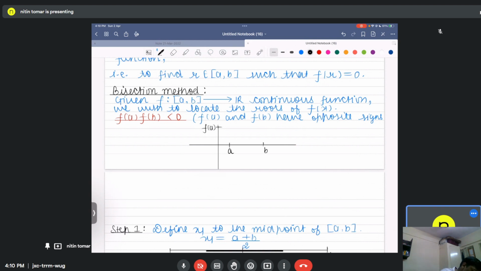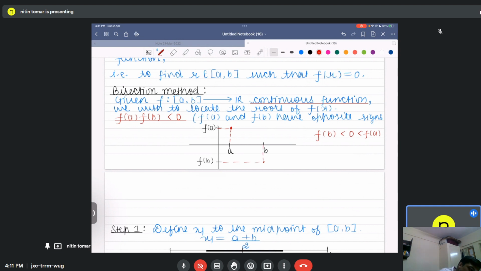This is your b, and because these are opposite signs, one has to be on the positive y-axis and the other on the negative y-axis. Now we are assuming that f(b) is negative and this is positive. So this is a continuous function which takes this value, and it takes this value also.